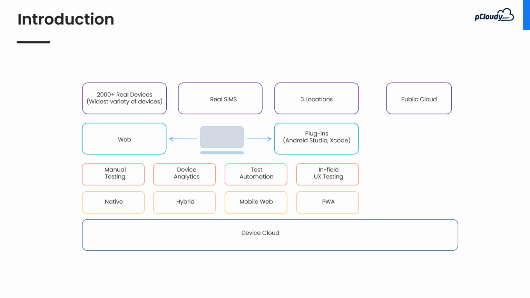And we also have devices with real SIM. So in case you need a specific device from USA or India or elsewhere, you can actually look for those devices here. There are certain devices with the real operator SIM. So in case you want to test your application with the real network data from a specific operator, you can do that. Or you can use the Wi-Fi connection to access your servers through your application.